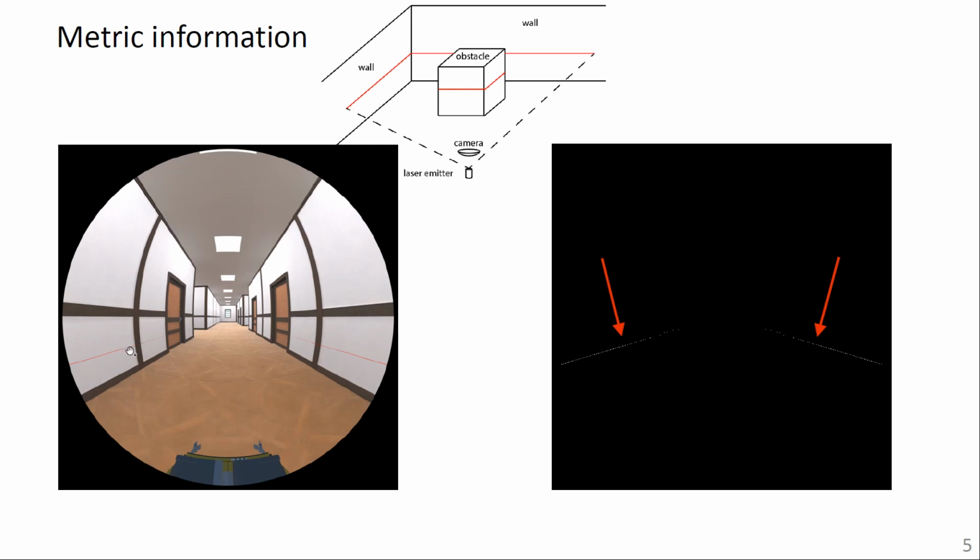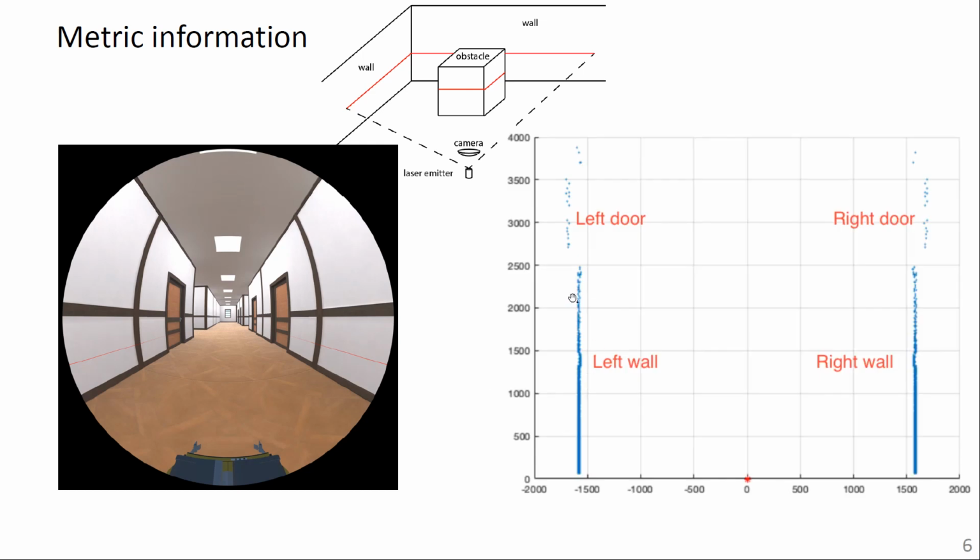We extract the laser from the obstacle, we process it, and we get the depth information. So when we process the image, we will get the distance to the left wall, right door, left door.